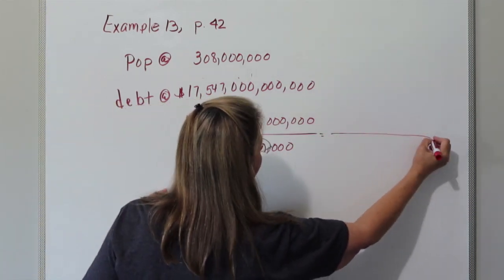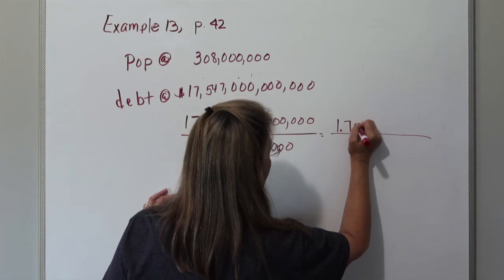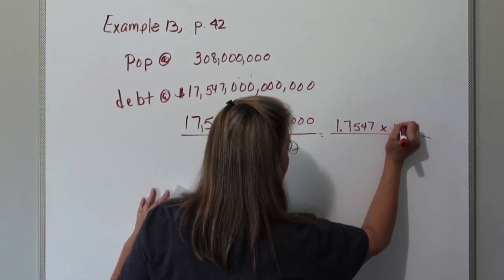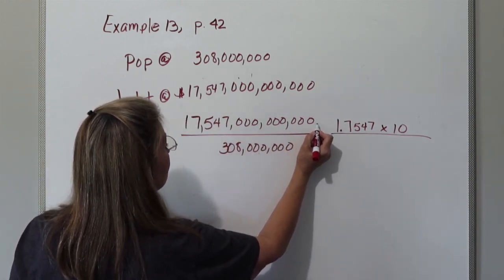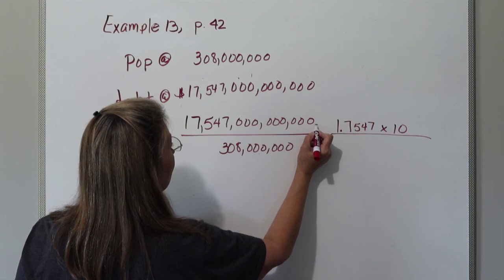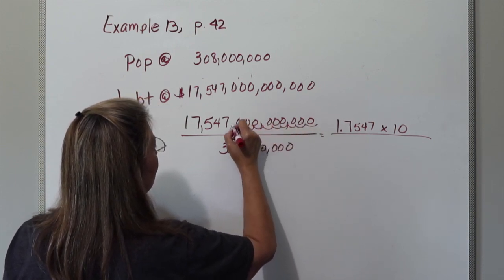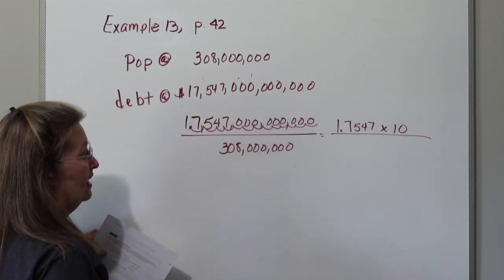So I'm going to rewrite that as 1.7547. Now let's see what exponent of 10 we need. Well, if my decimal is here, I went backwards, to the left, 1, 2, 3, 4, 5, 6, 7, 8, 9, 10, 11, 12, 13 times.